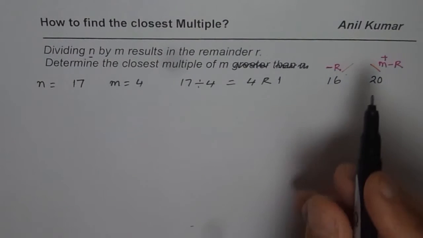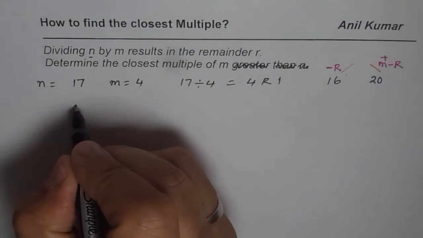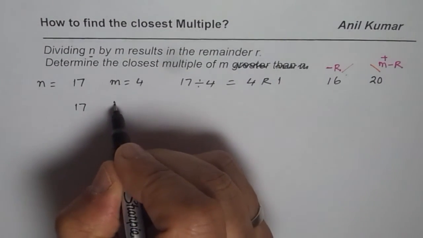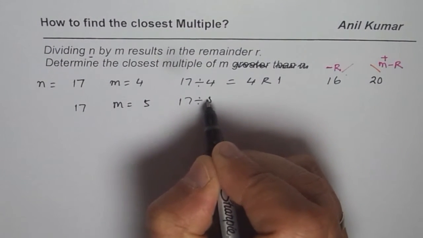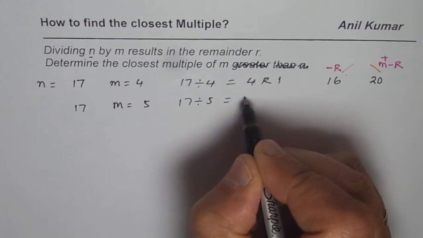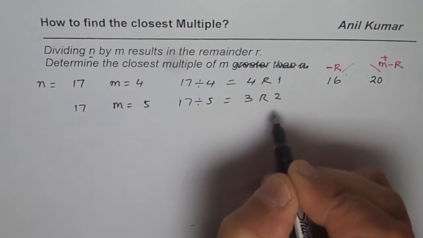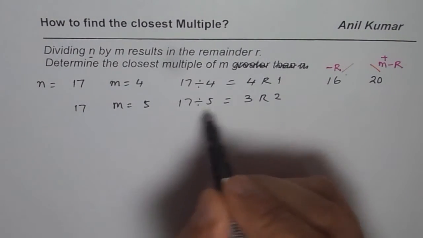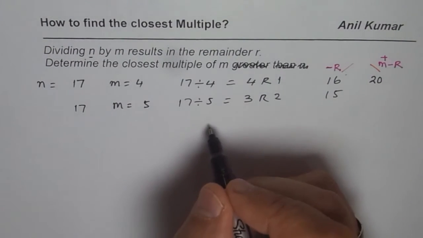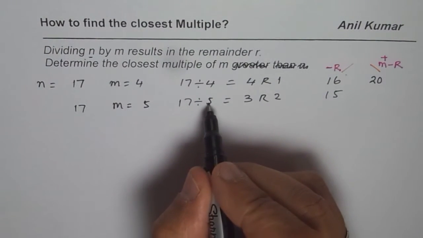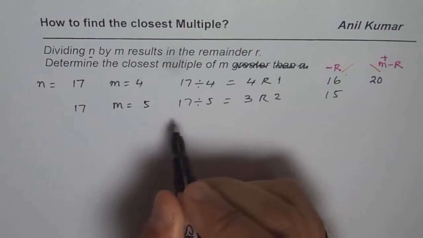So let's continue with this practice and see whether we can conclude something. Let us say m is 5, then 17 divided by 5 gives us 5 times 3 is 15 with a remainder of 2. So one is I could drop 2 from 17, so I get 15 here. And the other is that I could add 5 minus 2, that is 3, so I get 20 here.